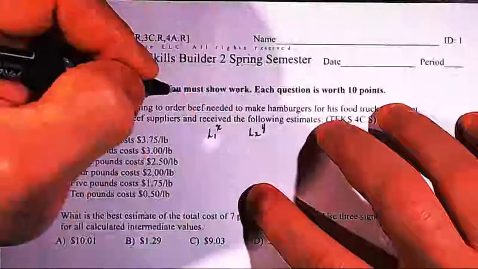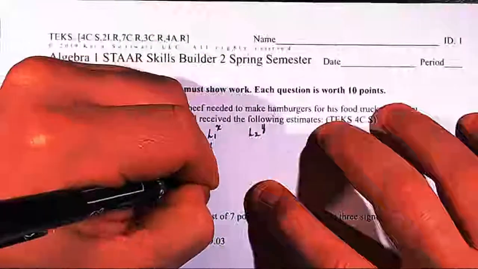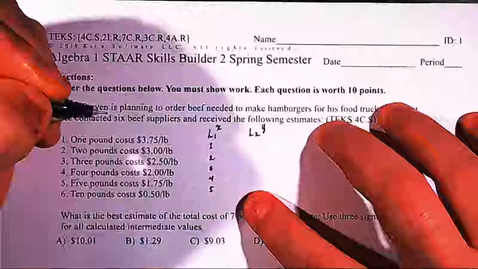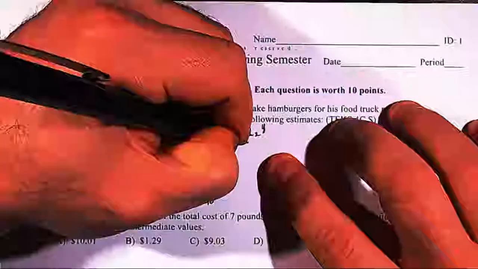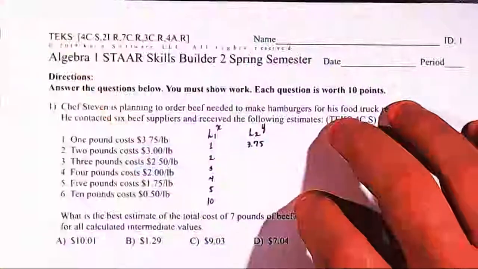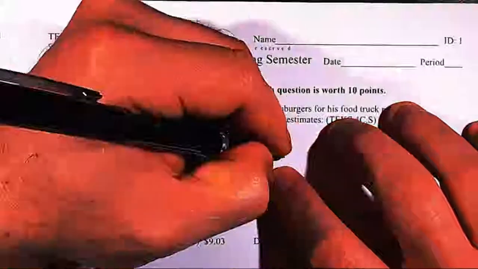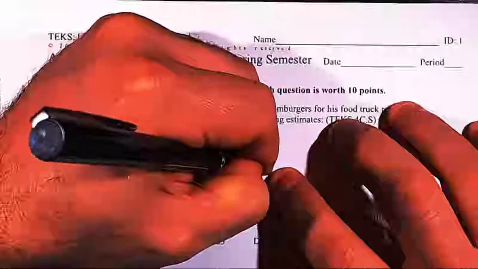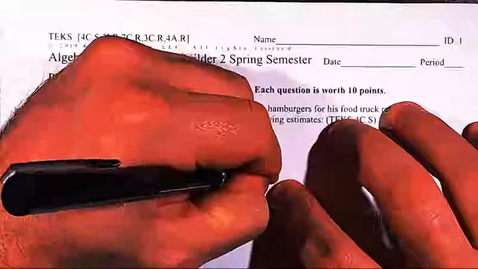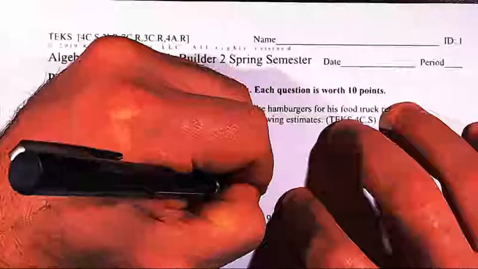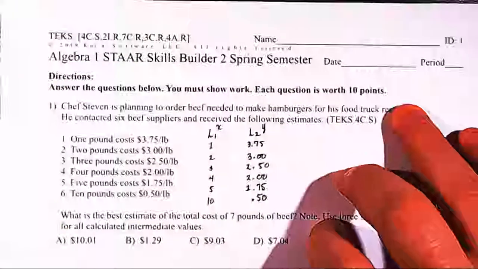Okay, so we'll write this out. 1, 2, 3, 4, 5, and 10. And then the corresponding values, 3.75, 3.00, 2.50, 2.00, 1.75, and 0.50.